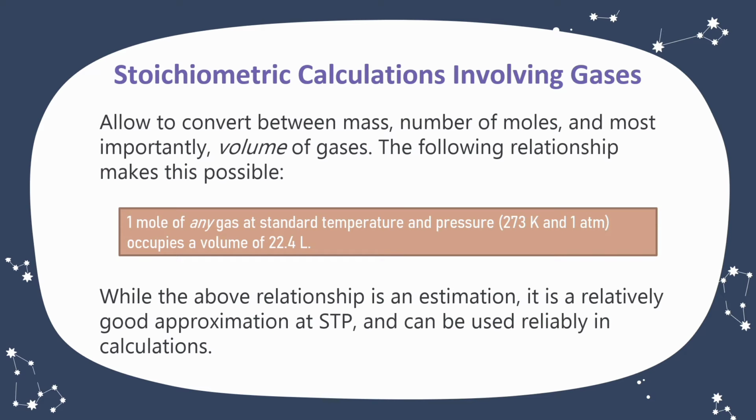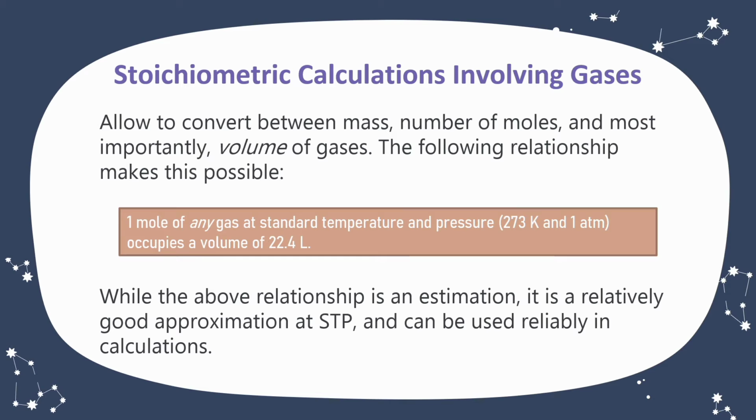Next, stoichiometric calculations involving gases. It allows us to convert between mass, number of moles, and most importantly, volume of gases. The following relationship makes this possible: 1 mole of any gas at standard temperature and pressure, 273 Kelvin and 1 atm, occupies a volume of 22.4 liters.